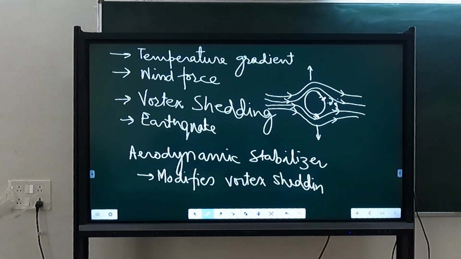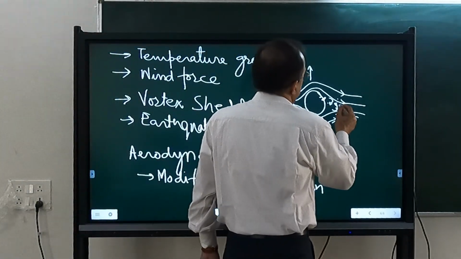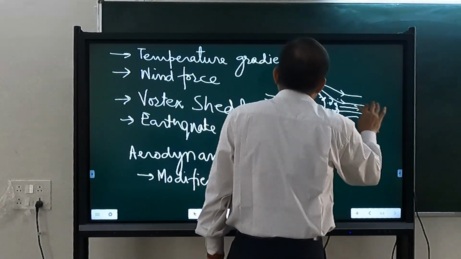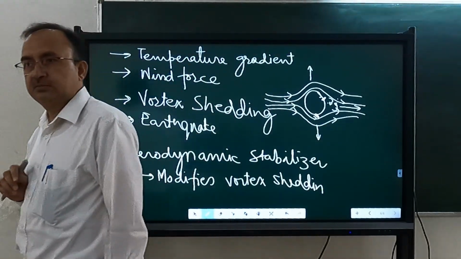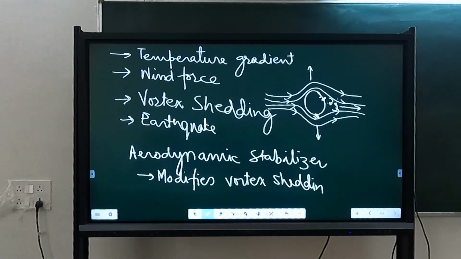But due to this unbalance of force, this chimney will try to twist, and due to that twisting, on one side there will be addition of force and on the other side decrease in the force. So that will again generate unbalanced force. So in this direction, I told you that the force is more or less static. In the longitudinal direction, the force is static. The problem was in the transverse direction.